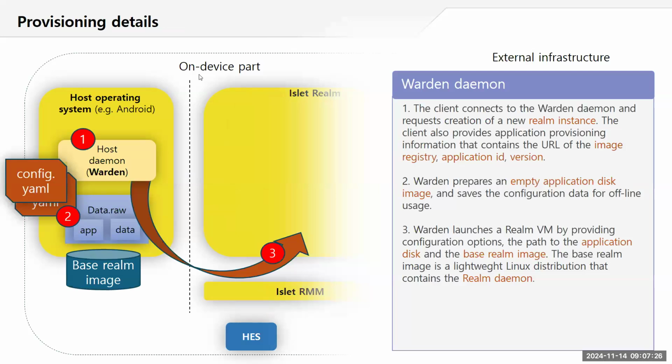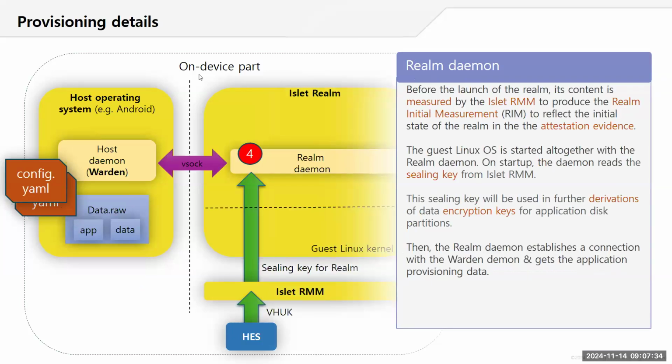After the guest Linux boots, the realm daemon is launched, and during its initialization, it retrieves the sealing key from the Islet RMM. This key will be used in further key derivations. Then the realm daemon establishes a connection to the Varden daemon through the virtual socket interface to inform that it is ready to receive a provisioning request.